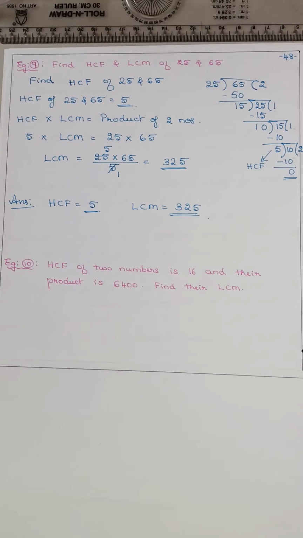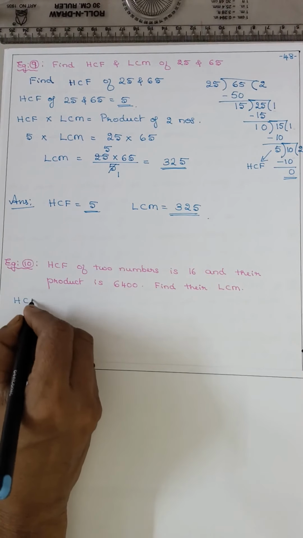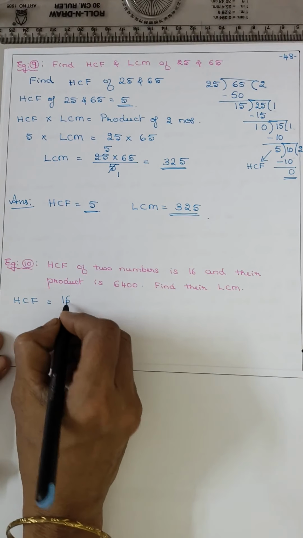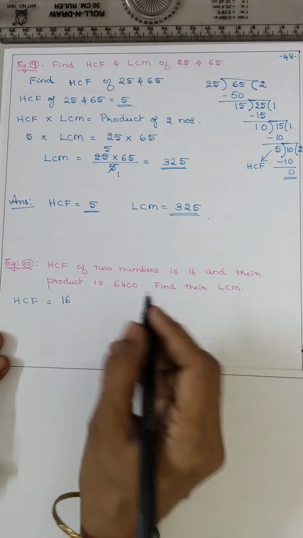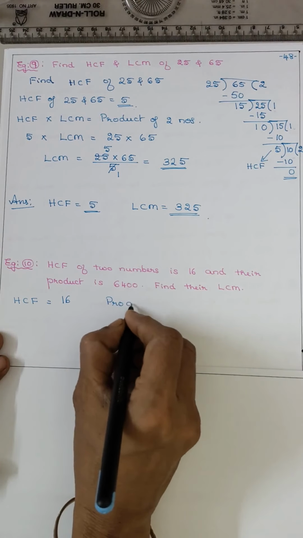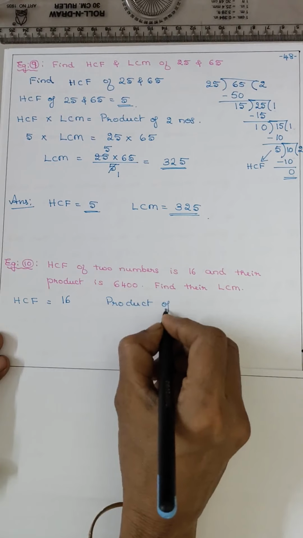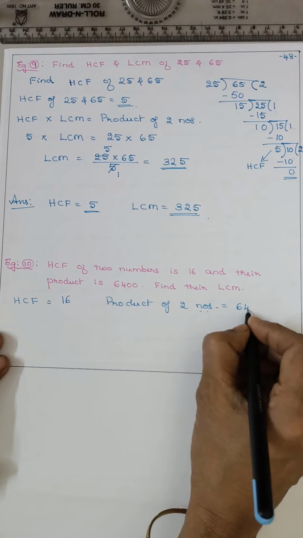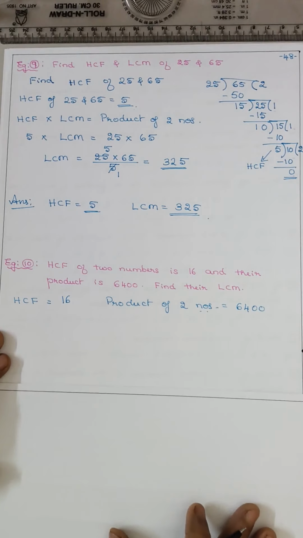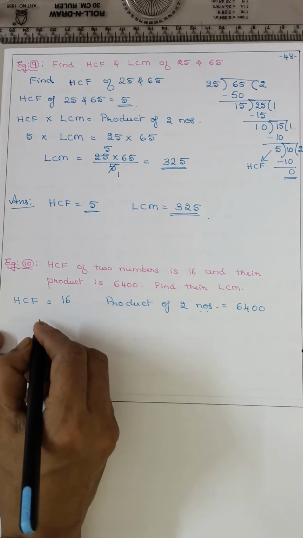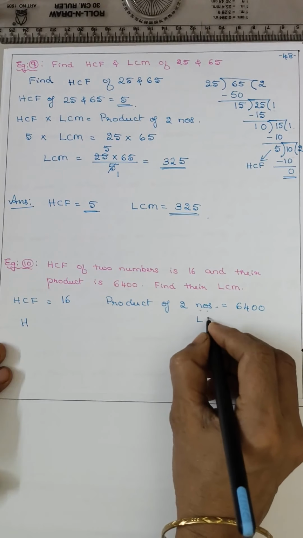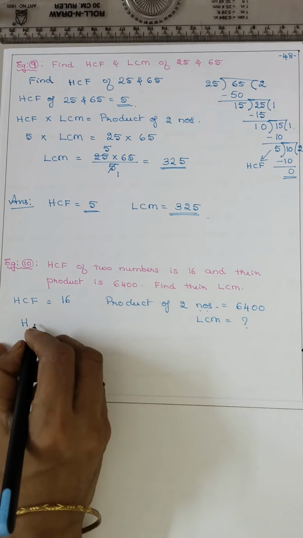Now example 10, HCF of two numbers is given. HCF is equal to how much? It is 16. Their product, so product of two numbers is equal to 6400. नंबर्स नहीं दिए, डायरेक्टली प्रोडक्ट दिया है, तो फाइंड आउट द LCM. फॉर्मूला: LCM is equal to how much?